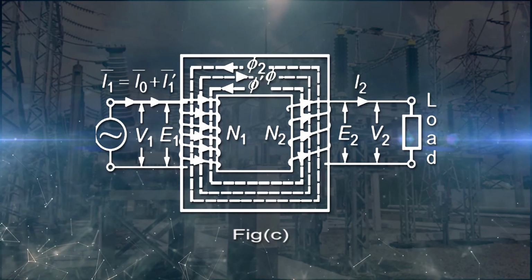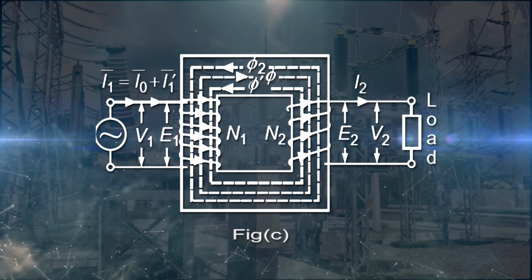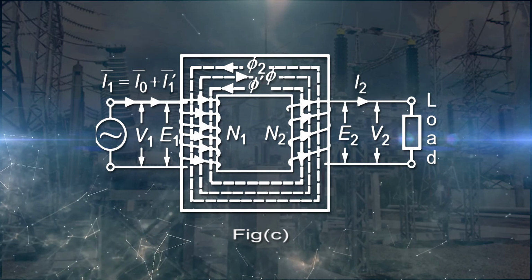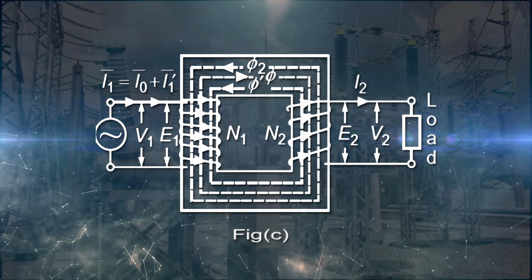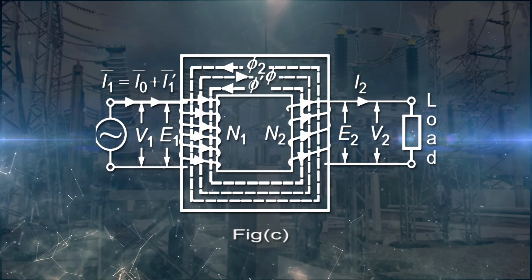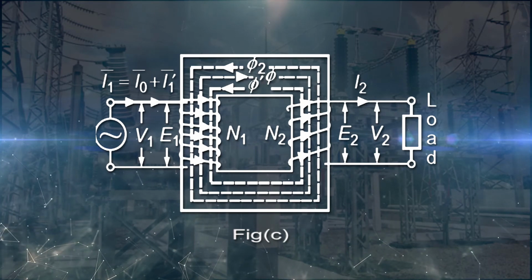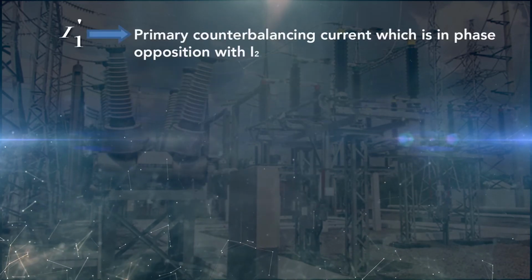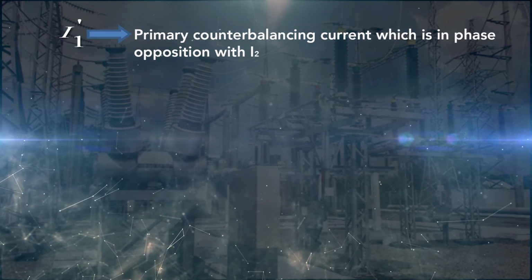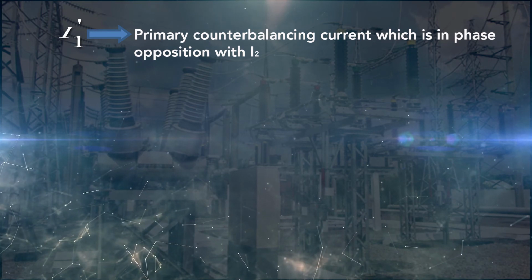So the net current flowing in the primary winding is due to the potential difference between V1 and E1. Because the value of E1 is reduced, the value of V1 minus E1 is increased. Therefore more current is drawn from the supply mains through the primary winding until the original value of flux phi is obtained. Here you can see the current I1 dash is in phase opposition with I2 and is called the primary counterbalancing current.